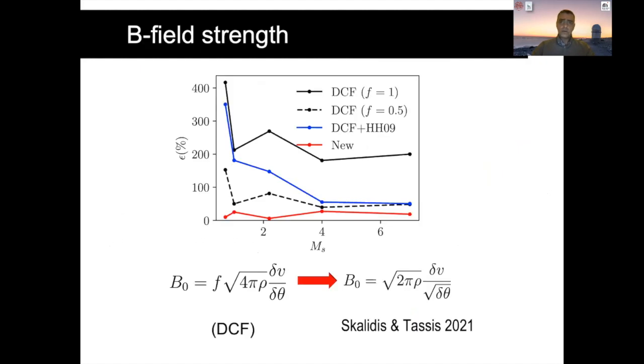Going beyond the orientation, though, we claim that we can actually estimate the strength of the field in each cloud individually as well. But the methods available so far for these estimates are not accurate enough.